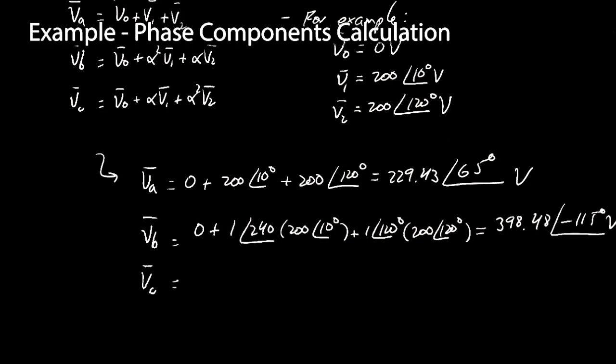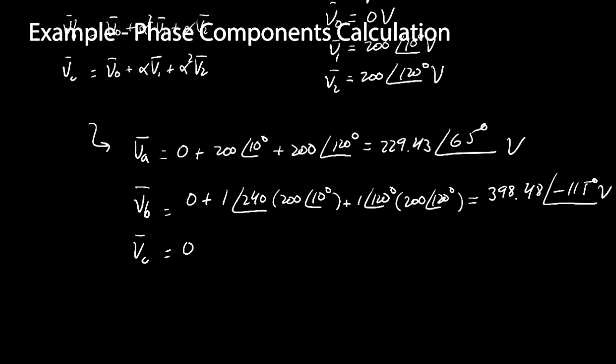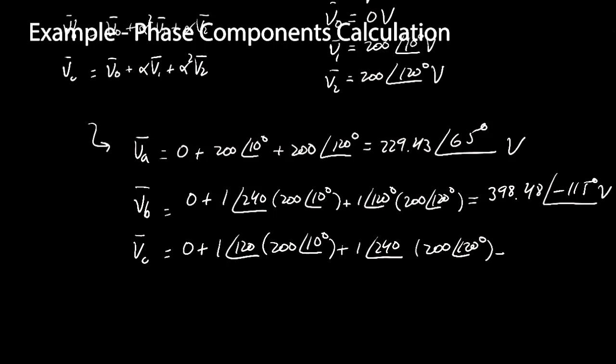And then lastly, VC. This would be equal to 0 plus alpha, so 1 at 120 times 200 at 10 degrees, plus 1 at 240, so alpha squared, times 200 at 120.